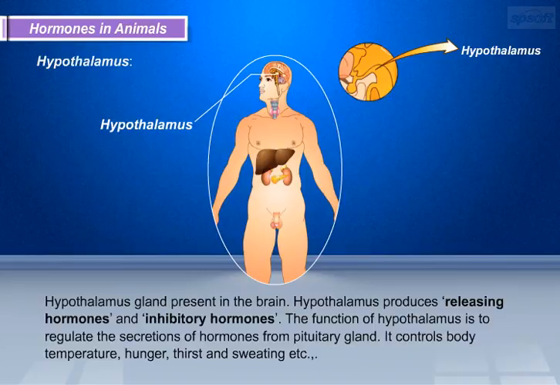Hypothalamus. Hypothalamus gland is present in the brain. Hypothalamus produces releasing hormones and inhibitory hormones. The function of the hypothalamus is to regulate the secretions of hormones from the pituitary gland. It controls body temperature, hunger, thirst, sweating, etc.